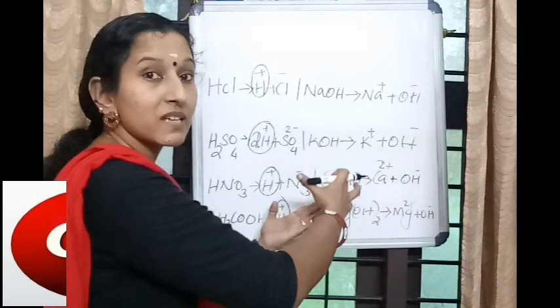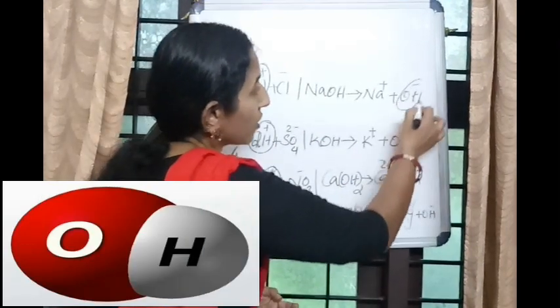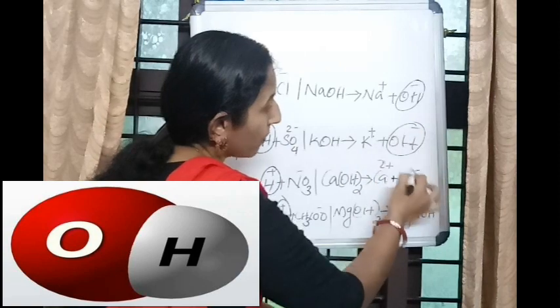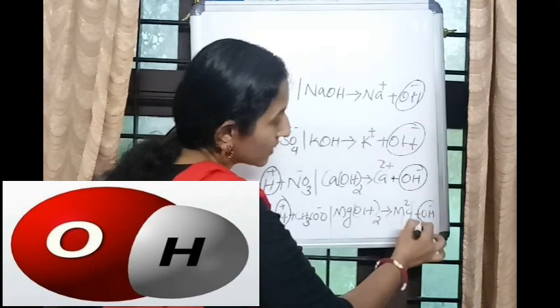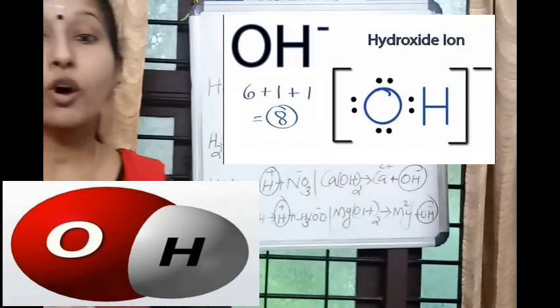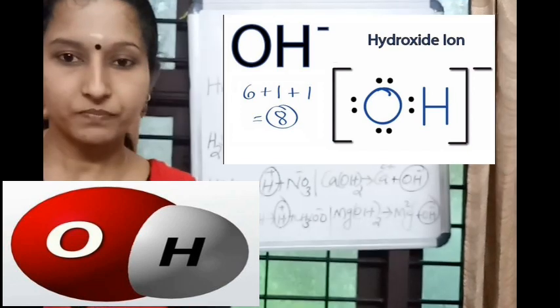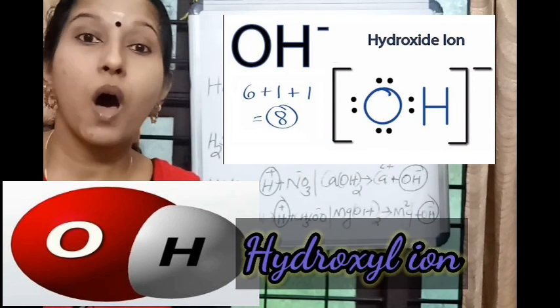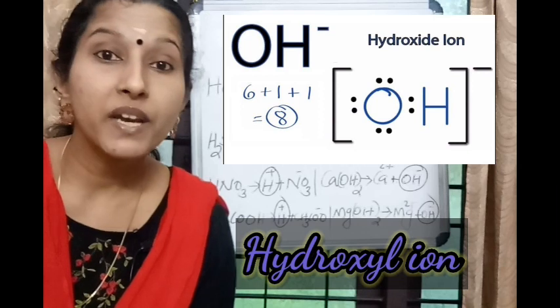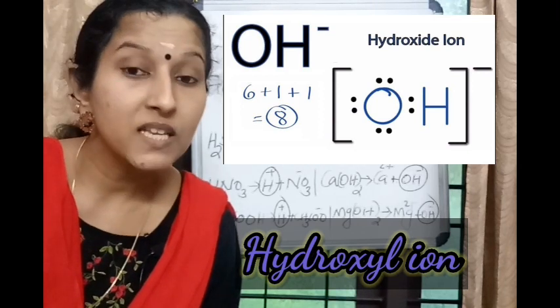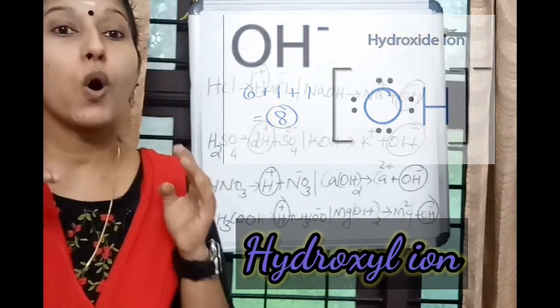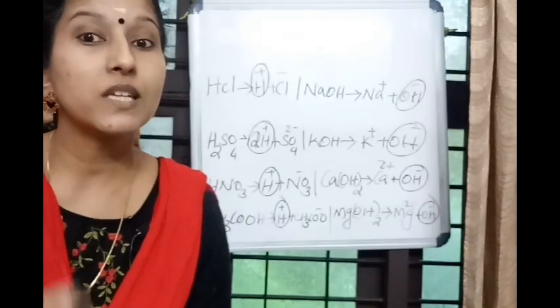Then what is common in bases? All the bases contain OH- ions. Bases contain OH- ions or hydroxyl ions. How to pronounce this? Hydroxyl ions. So all the bases contain hydroxyl ions.